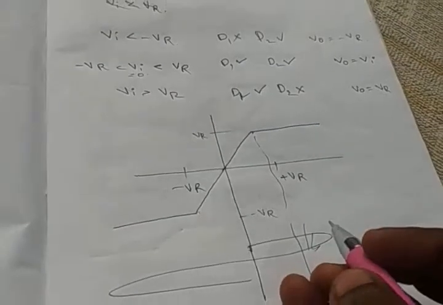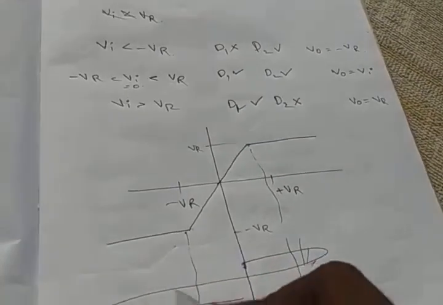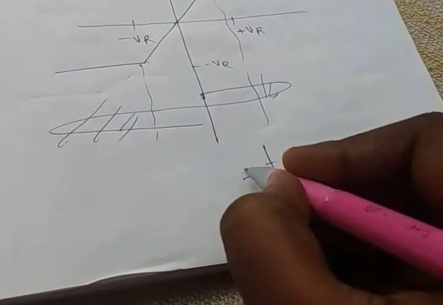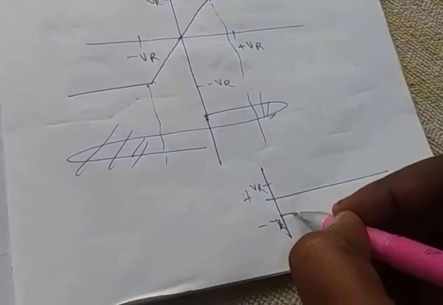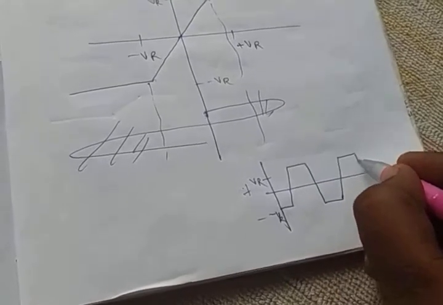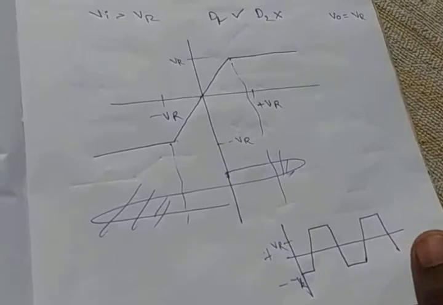So these two portions will be flipped. So this is minus VR and this is plus VR. So we have the output like this. This is the way how to design a clipper, and these are the 3 types of 2 independent level clippers. Hope you understand. Thank you.